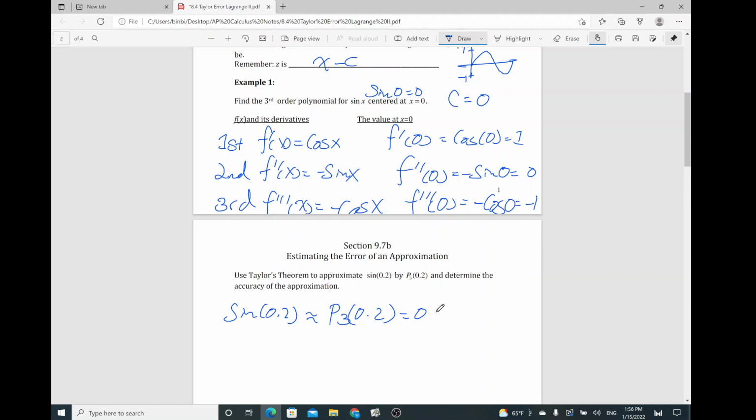Then the next term, the derivative f prime of c, which is 1, times x minus c. x is 0.2 and the center is at 0, so 0.2 minus 0 is 0.2. The next term, the second derivative at c, is 0, so 0 times 0.2 is 0. So p sub 3 of 0.2 is just 0.2.